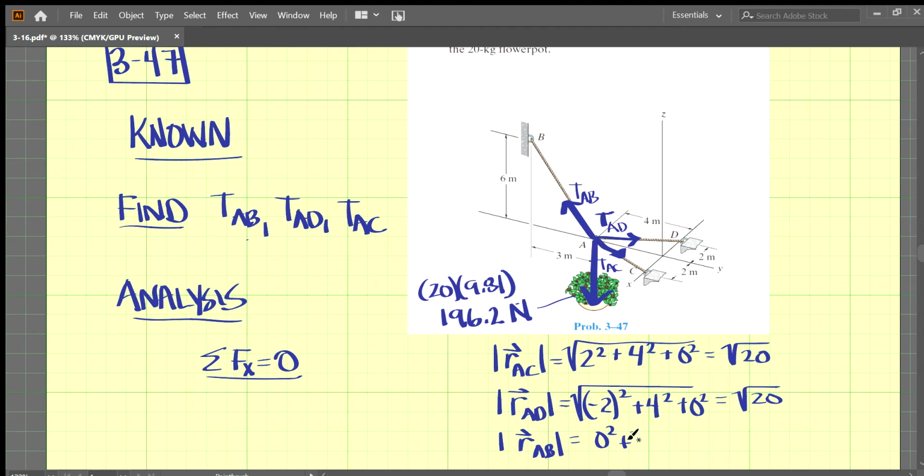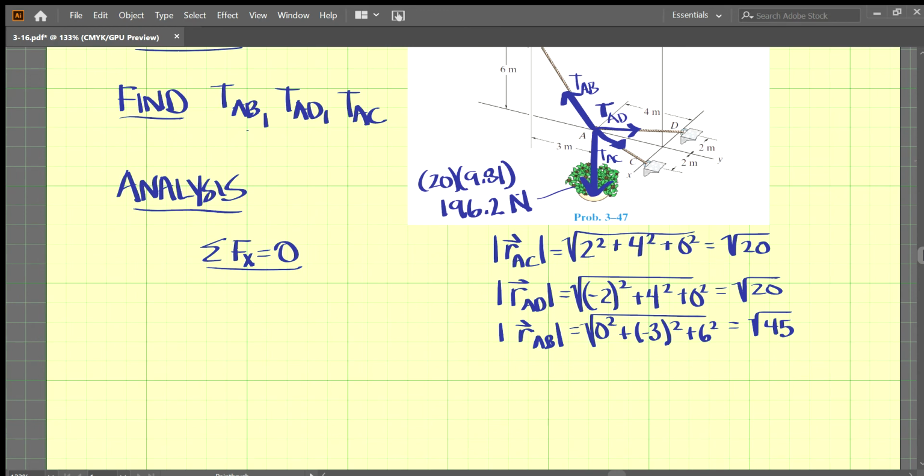So that's -3 squared. And then in the Z direction, we're moving positive up as we travel from A to B, and that is 6 squared. So we take the square root of that, and that comes out to be the square root of 45. Okay, so let's get back to it.